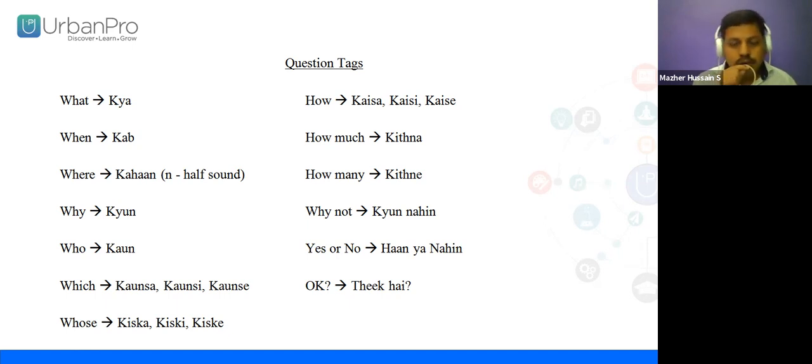For example, kiski gadi, whose vehicle? Gadi is feminine, right? So I have to say kiski gadi. Or kiska ghar. Ghar is house, and house is masculine, so I have to say kiska ghar.